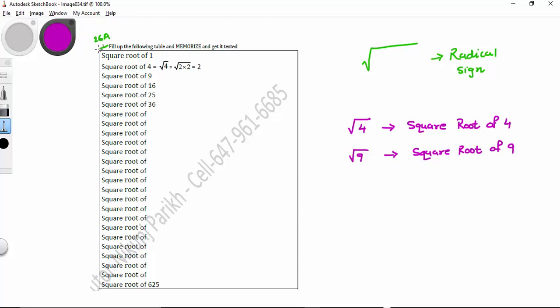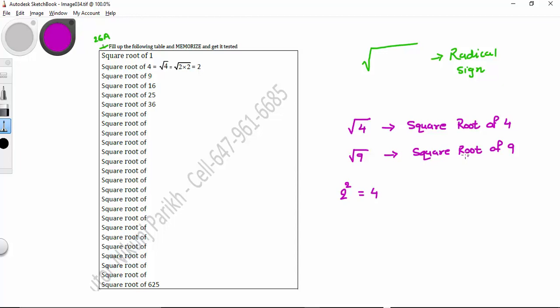Now, in exercise 26, you learned about the squares. Yes or no? So you learned that 2 squared is equal to 4. That is what you learned in exercise 26. Now, square and square root, they are opposite operations.